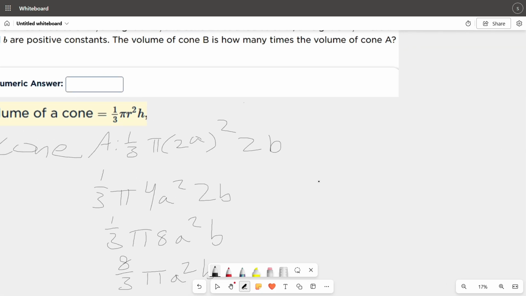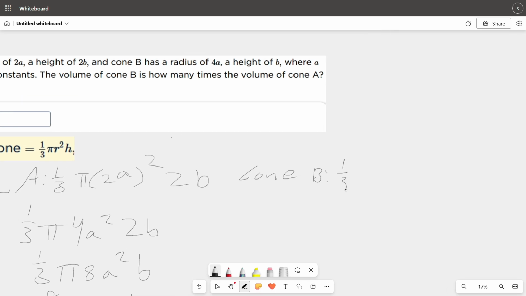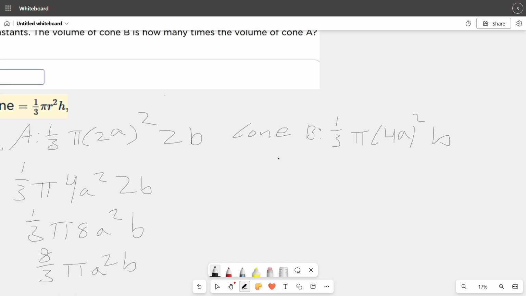Now let's find cone B. That'd be 1/3 pi, the radius is 4a, that'd be squared, and then the height is b. We can simplify that: 16a squared b.